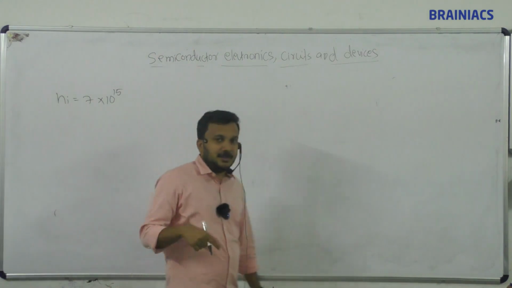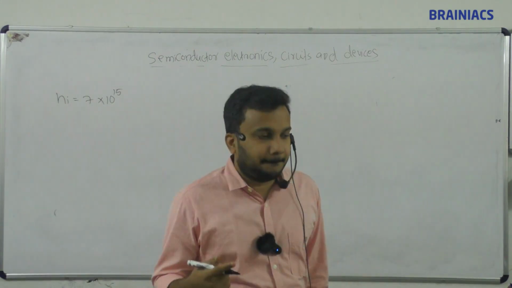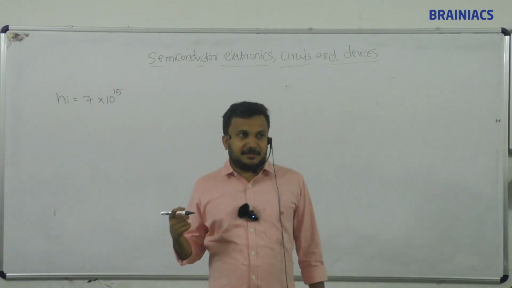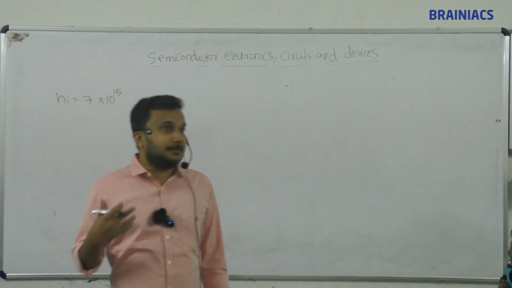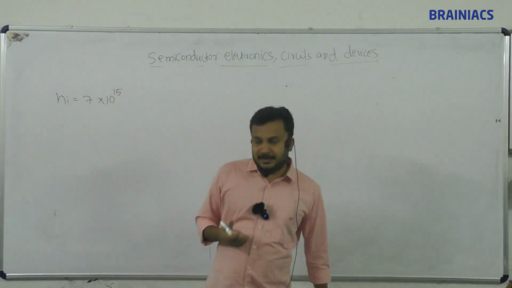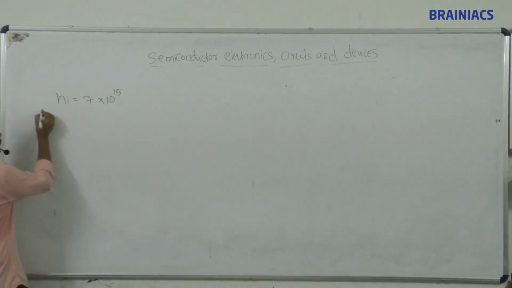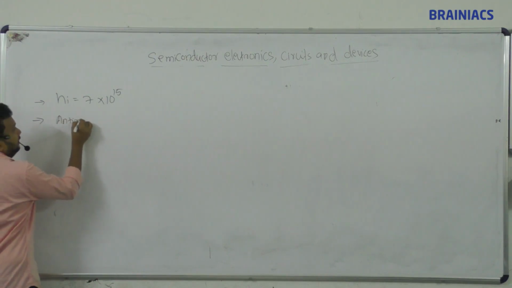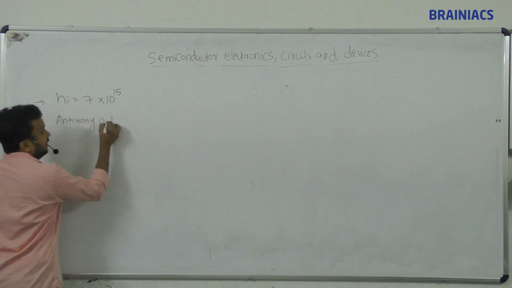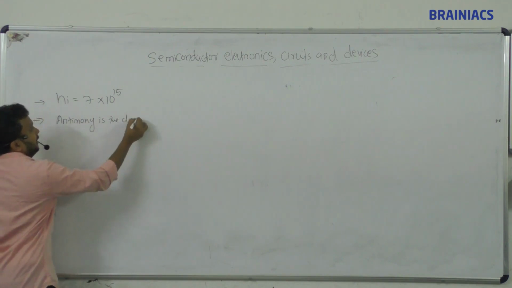So we identified that. What's the second statement? Antimony is added. So this is which group element? 15th group. So definitely it becomes what semiconductor? N-type semiconductor. So next point. Antimony is the dopant.